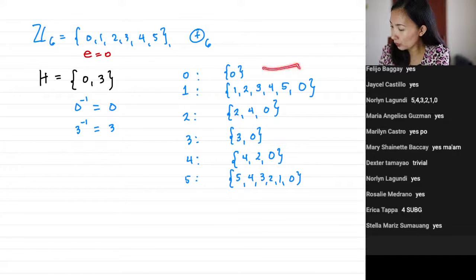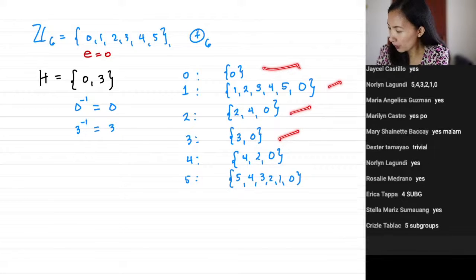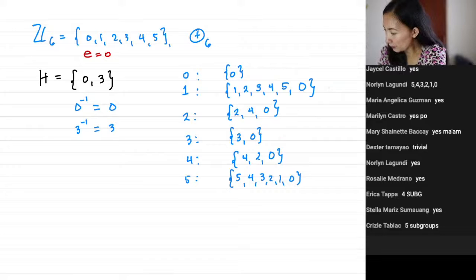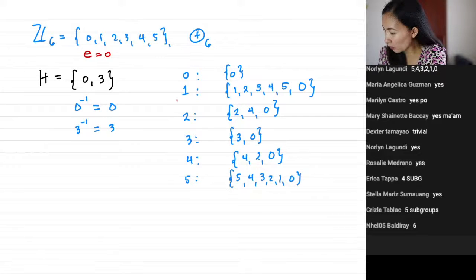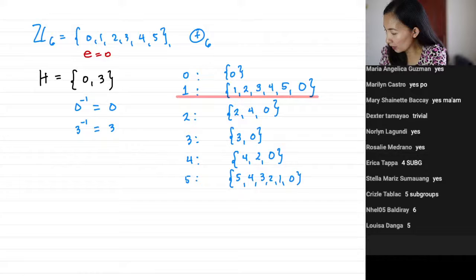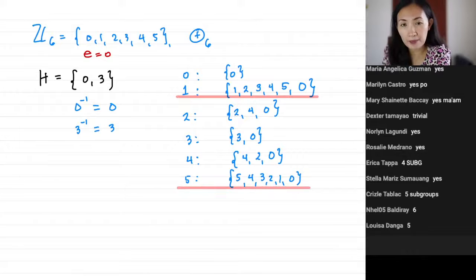So, how many subgroups have we generated? 1, 2, 3, 4. 4 lang, di ba? Because that one generated by 1 and that generated by 5 are the same.